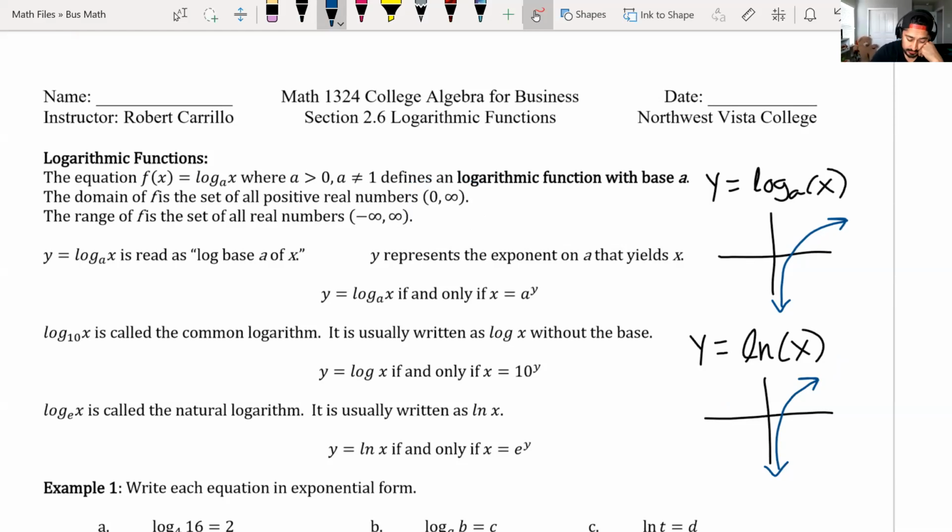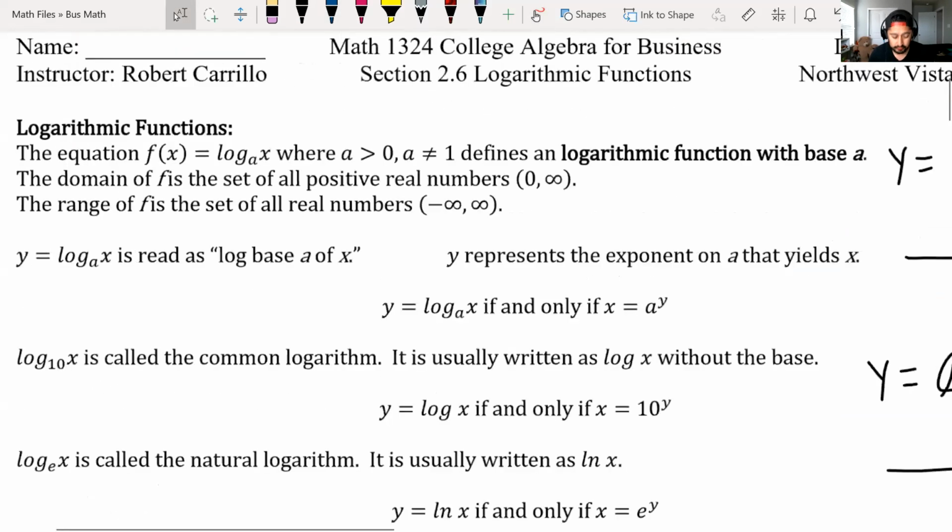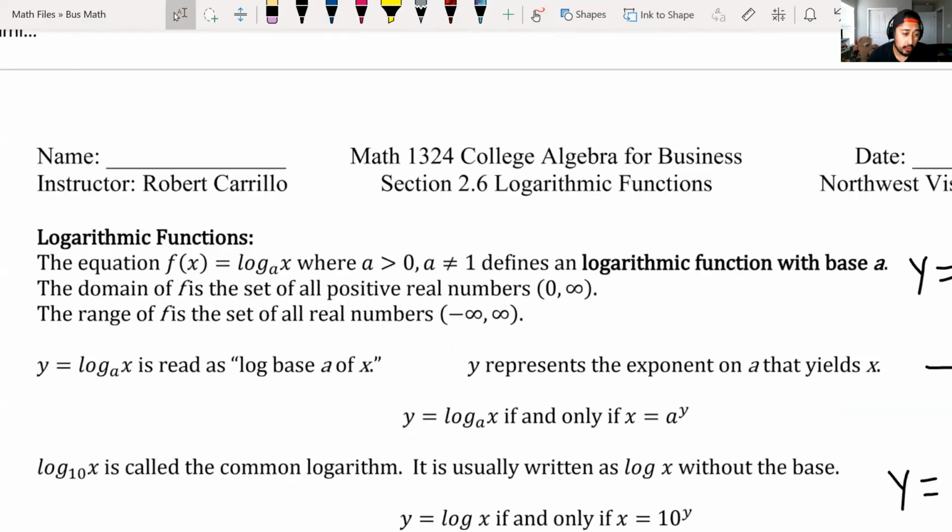Okay, so more information on how to read a log. Y equals log base a of x is read as log base a of x. So going over that again, y represents the exponent on a that yields x.